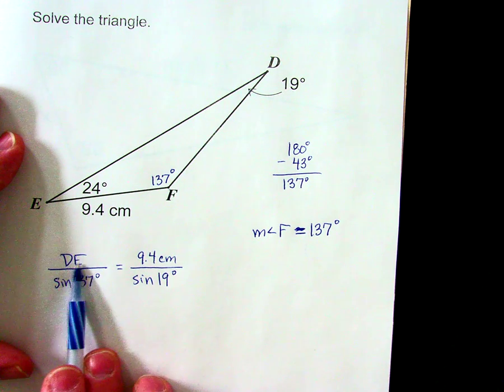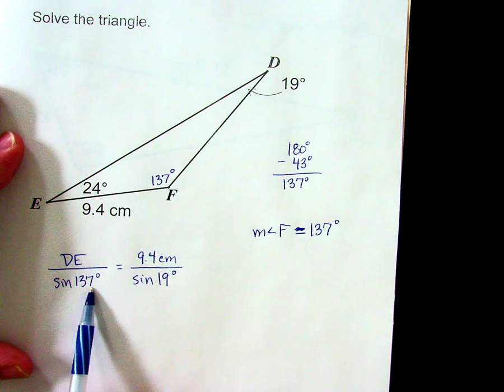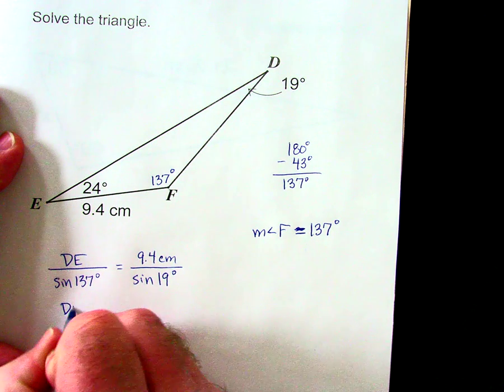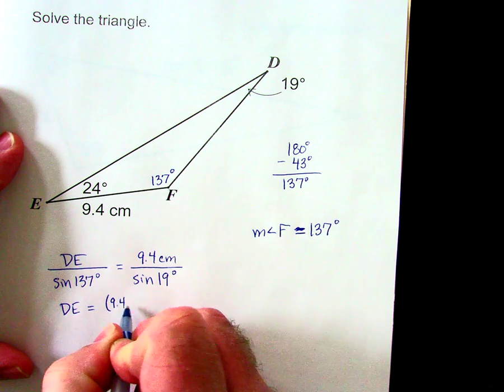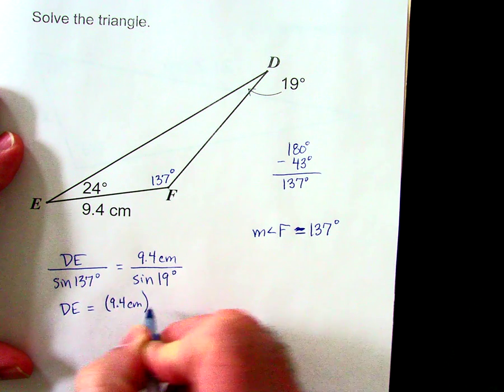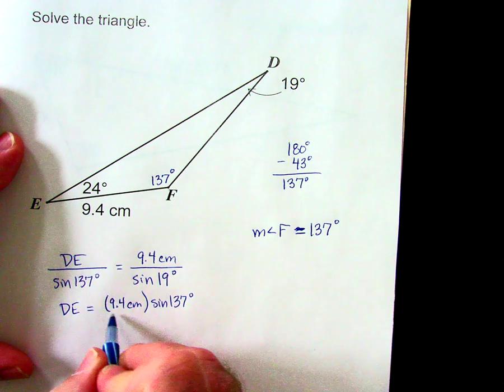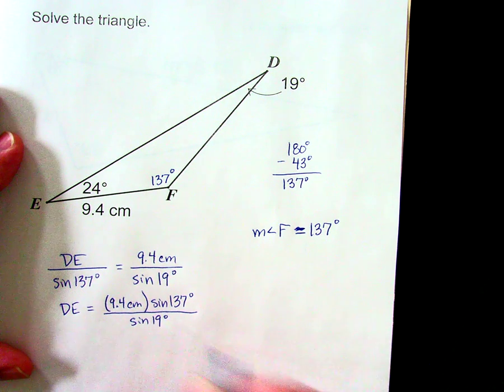Solving for the distance from D to E, I'm going to multiply both sides by the sine of 137 degrees to undo the dividing. So the distance from D to E is going to be 9.4 centimeters times the sine of 137 degrees, all divided by the sine of 19 degrees.